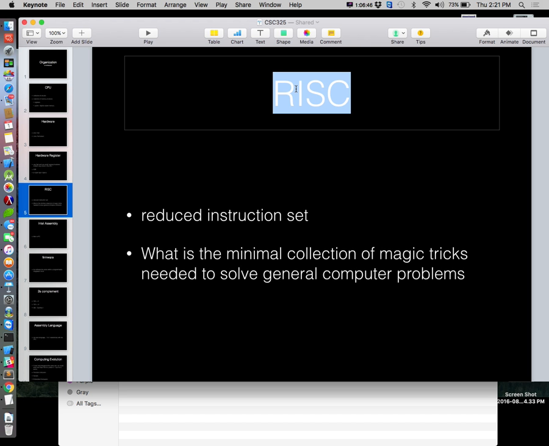So we might say that reduced instruction set, that idea was maybe a little ahead of its time, right? I mean, we can look at all sorts of examples in the computer hardware industry where this has happened. How many of you in your personal computer have an AMD processor? Far fewer than historically have had that, right?